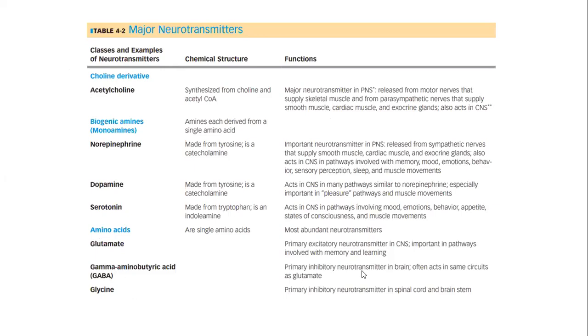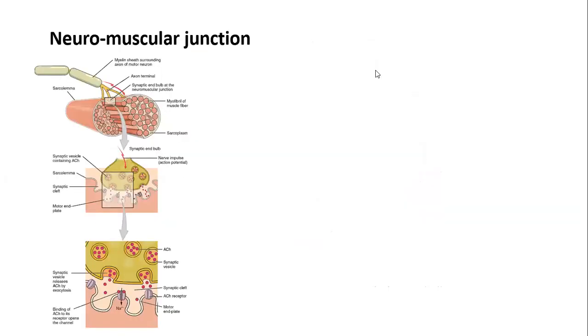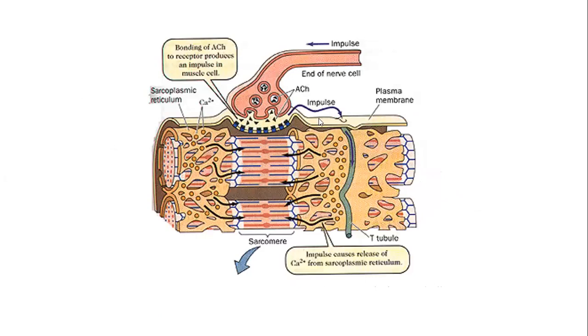GABA is an inhibitory neurotransmitter, and so is glycine. These ones are inhibitory, they cause hyperpolarization. But we'll discuss this in greater detail when we are doing Physiology 1332. What I wanted to introduce today is the neuromuscular junction, to show you here is a neuron, just like in the synapse.